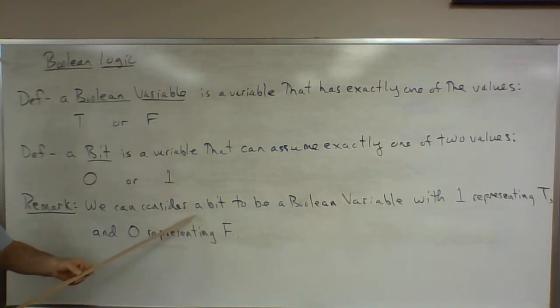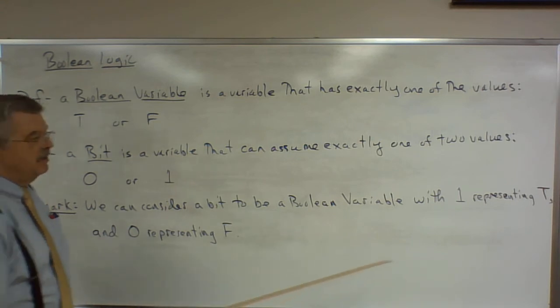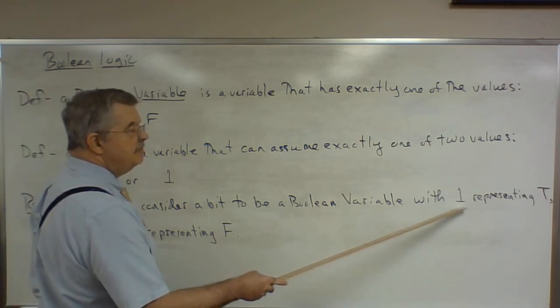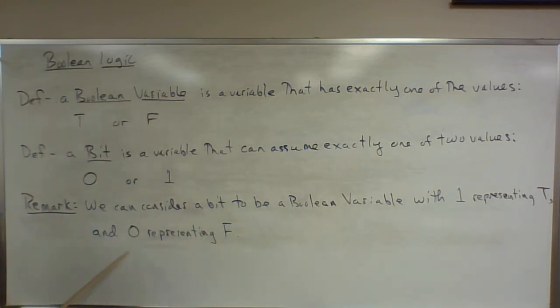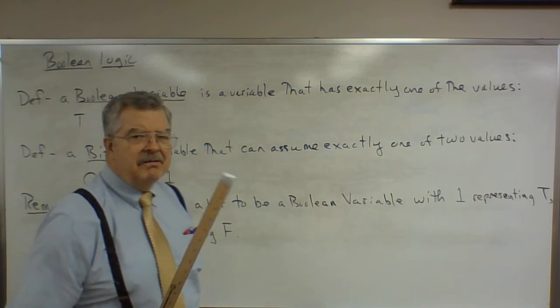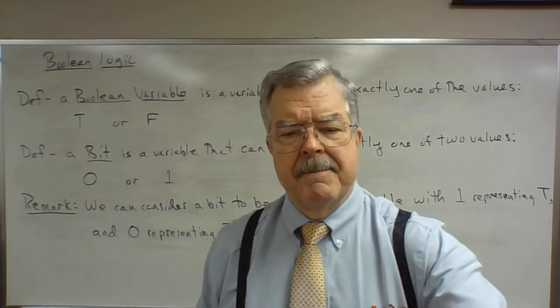So when a bit has a value of 1, essentially we look at that bit as being true. When a bit has a value of 0, we look at that bit as having the value of false. And let's build on this.